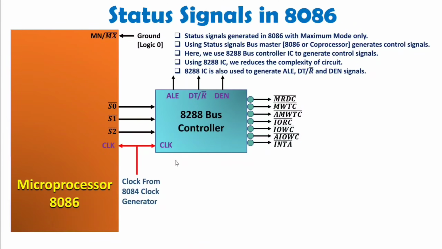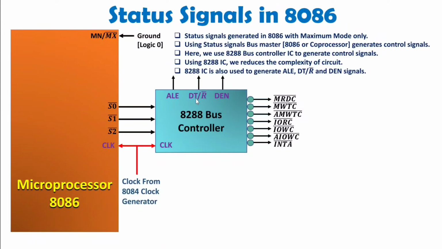So in the first T state there will be address latch enable. Whatever machine cycle is given as a status signal, in the first T state with respect to the clock, 8288 will provide the ALE signal. After that, if it is a read or write operation, as per this status signal, it will identify whether to transmit data or receive data.